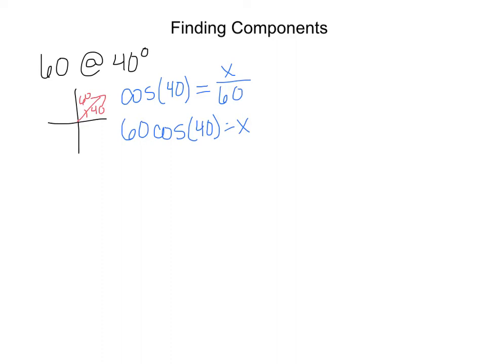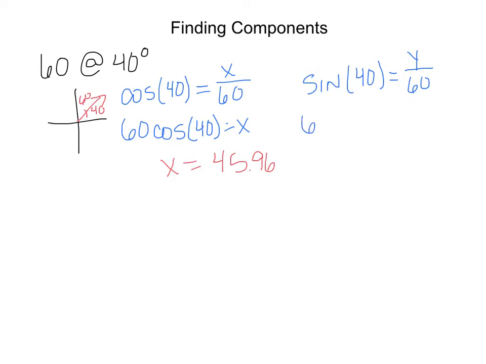Alright, so we're going to utilize our lovely little calculator to do most of the hard work for us. We're going to do 60 cosine of 40, making sure we're in degree mode, and that is going to get us an x component of 45.96. Now let's think about the y component. The sine of 40 equals the opposite, which we don't know, the y component, over 60.